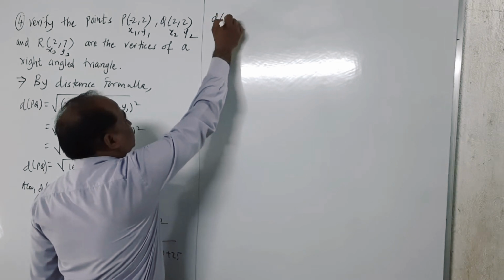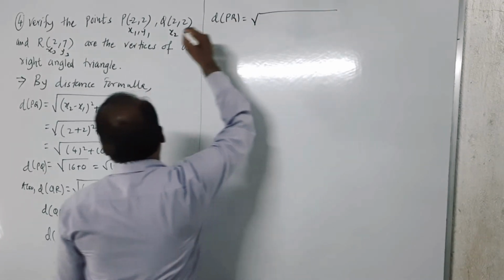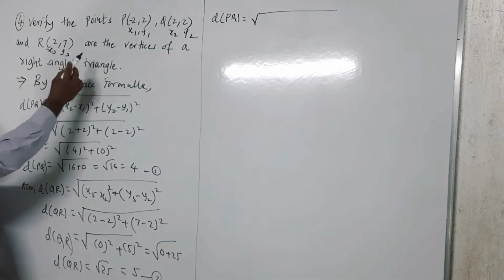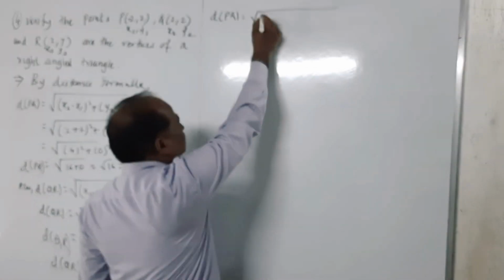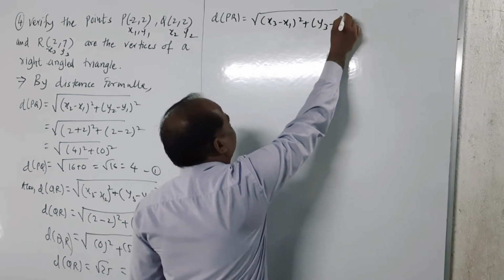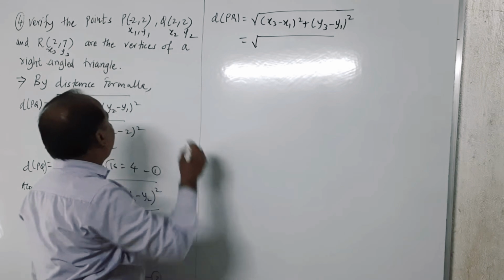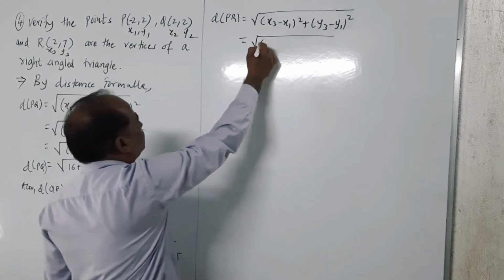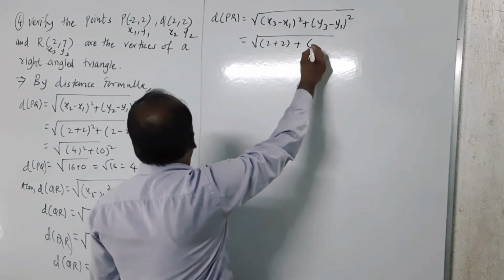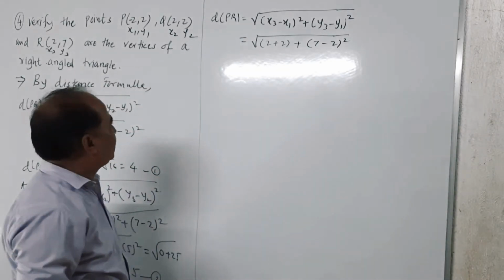Again by the distance formula, distance PR is equal to square root of (x3 minus x1) square plus (y3 minus y1) square, which is equal to square root of (2 minus minus 2, which is 2 plus 2) square plus (7 minus 2) square.